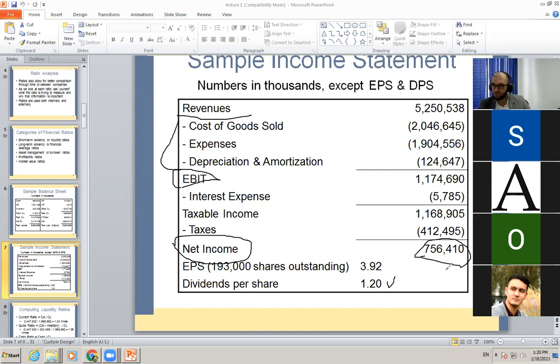Whatever is left after the payment to shareholders will be retained in the company, which is added in the balance sheet to retained earnings, on the equity side. So net income is basically divided into two parts: retained earnings, the money that we retain in the company, and dividends that will be paid to the shareholders.